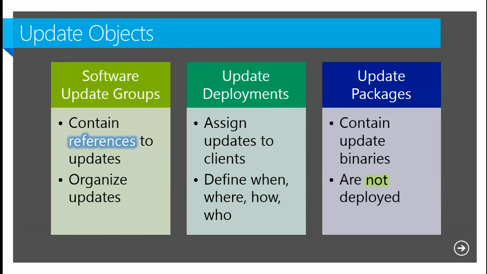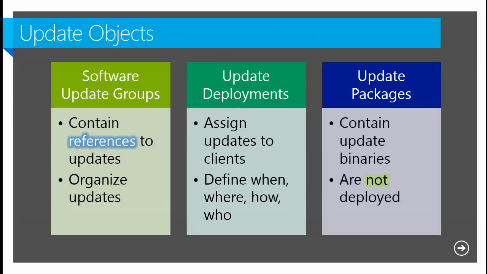They don't care which package it actually is. As long as that package is available on an accessible DP, they're going to pull it out of there. They don't have to download the entire package even. They can pull out that one single update that they need from there. So it's a little bit of a different nuance, but it's an easy and bad assumption to make, to think that the packages themselves are what you deploy.